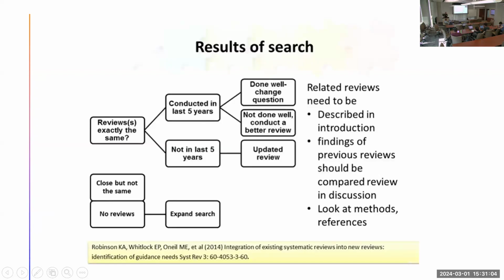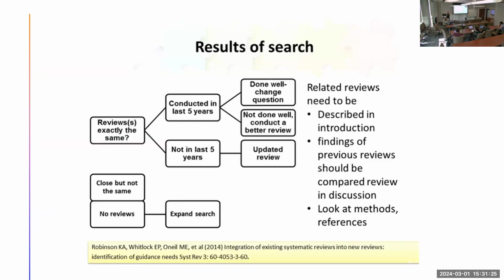Once you've decided on a question, first you want to ask, is there a review like this? Has someone done this before? If there was one done in the last 5 years and it was done well, then you want to come up with a new topic.